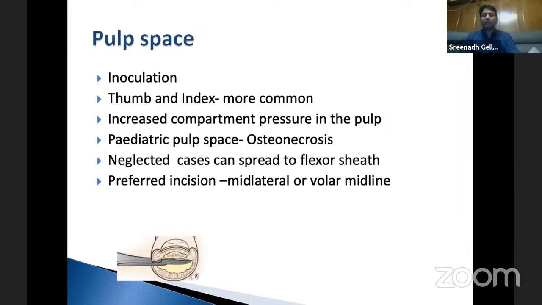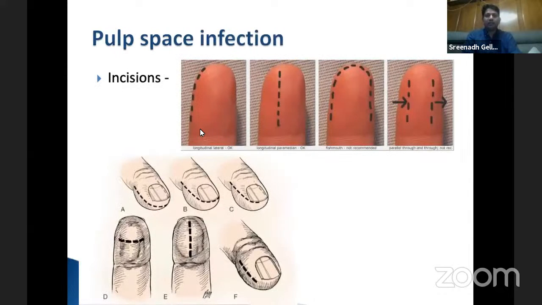One thing you need to understand here is that usually they put a glove on their hand and ask you to show what sort of incision you are going to give for these patients. Whenever you're giving the incision, please have a look at the next slide. You can give either the first or the second one.